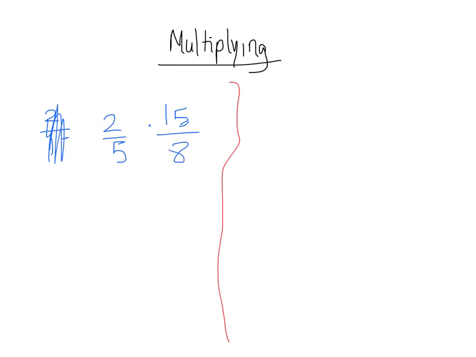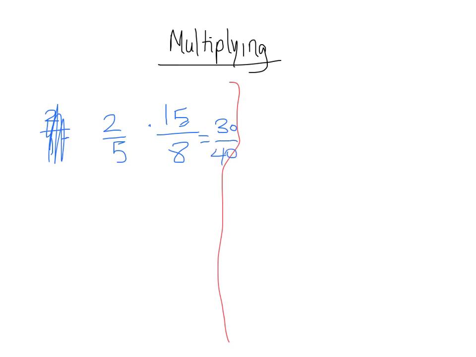So one of our options is to multiply straight across, numerator by numerator and denominator by denominator, and then simplify. So 2 times 15 gives us 30 and 5 times 8 gives us 40. So that is the answer, but it's not yet simplified.